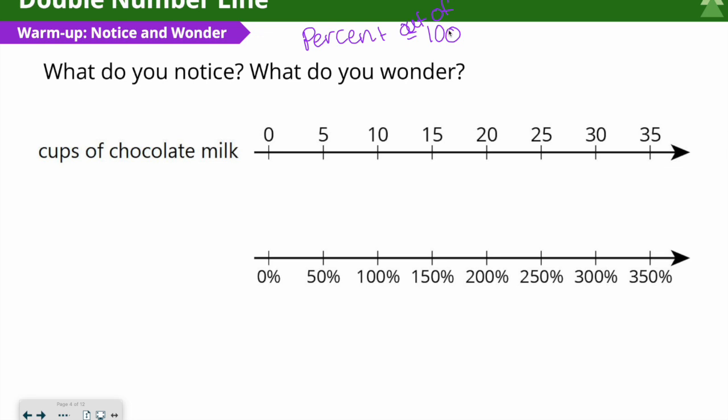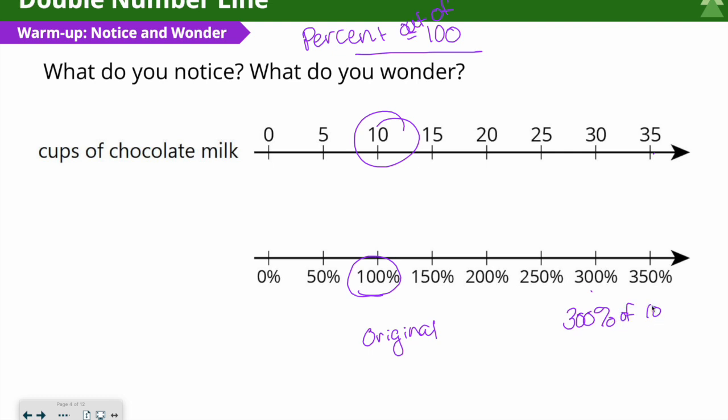Some of us noticed, why would we need 35 cups of chocolate milk? We looked at this 100%, since percent means out of 100, and talked about, well, 100% is usually our original amount. And so 300% of 10 is 30.